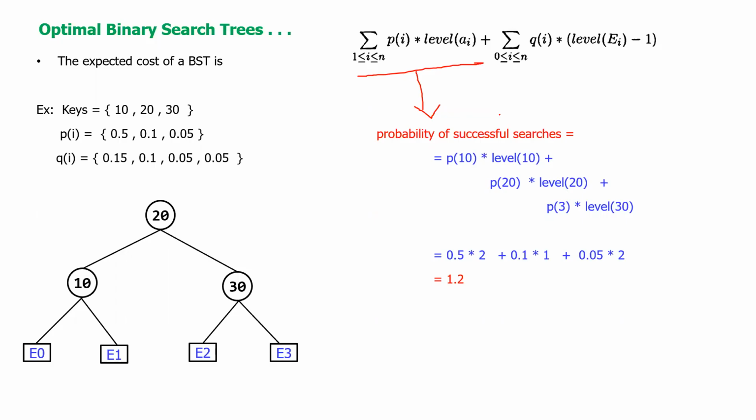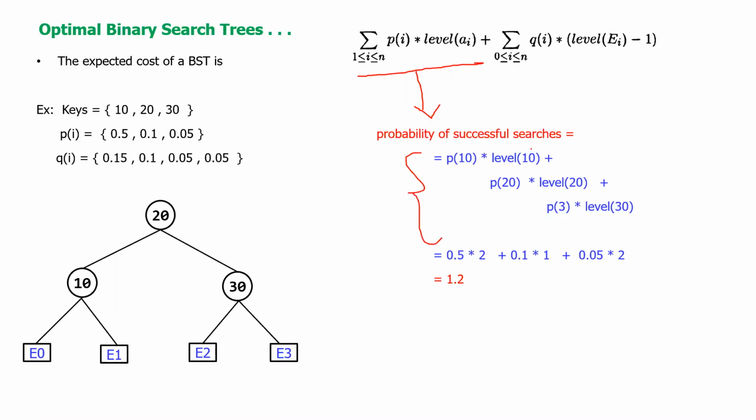The sum of the probability of the key into its level, and all the keys you are going to sum up. It's the sum of products of the probability multiplied with the level of the key. So for that, this will be the formula. If I expand, this will be the formula.